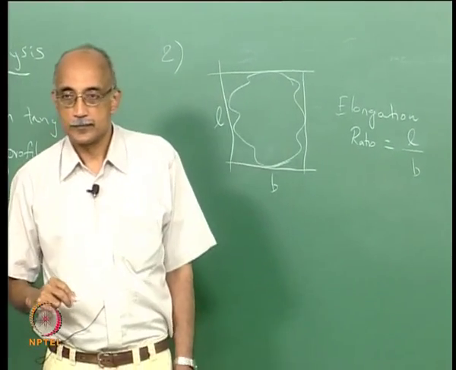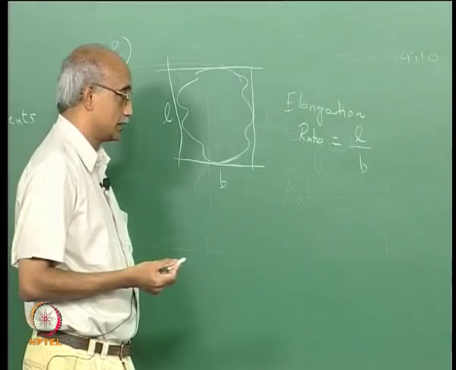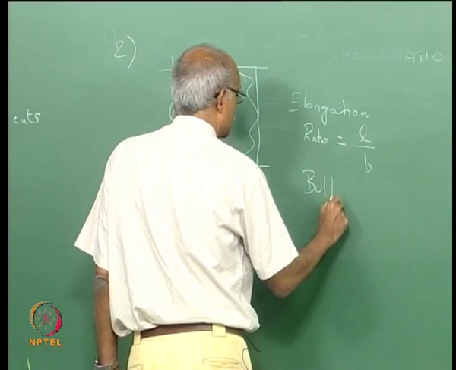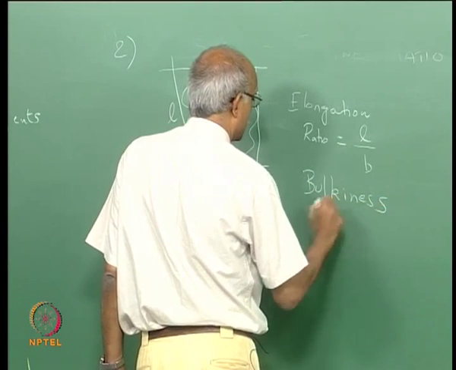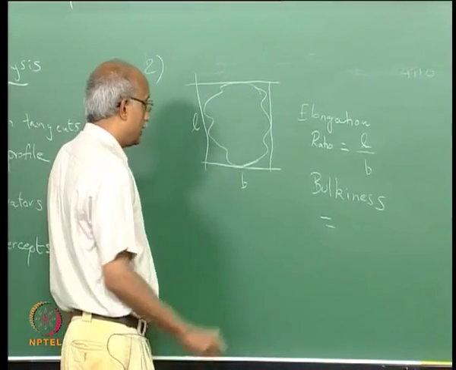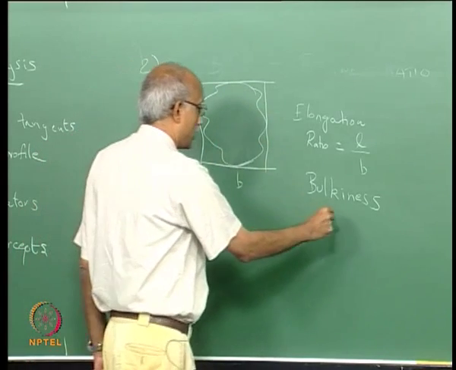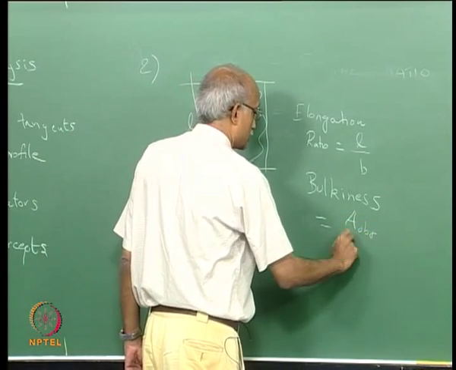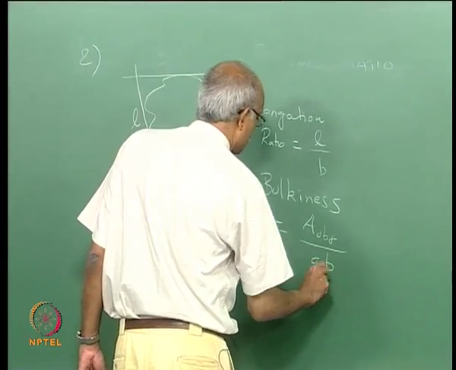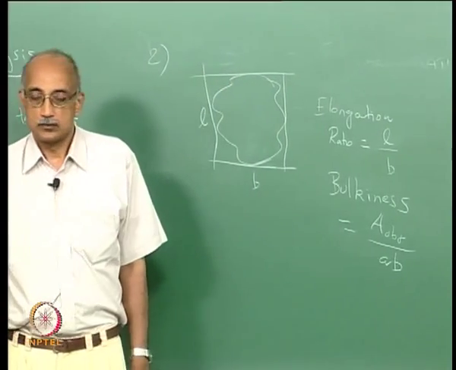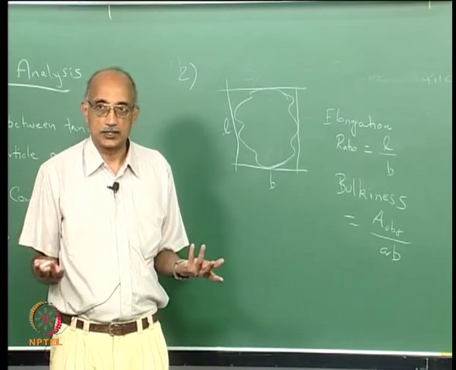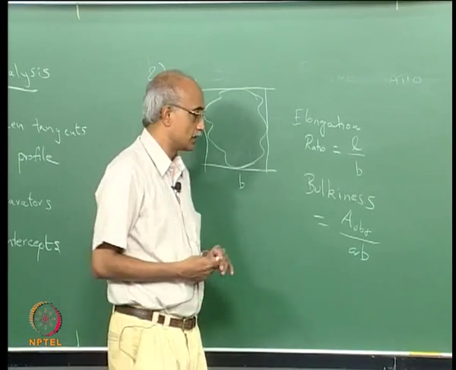L over B. Now, the other thing that he also defined was a bulkiness index, how bulky is the object, and this he did by essentially taking the area of the object in 2 dimensions, the projected area, and dividing it by L times B. So, the larger this ratio, the bulkier the object essentially.